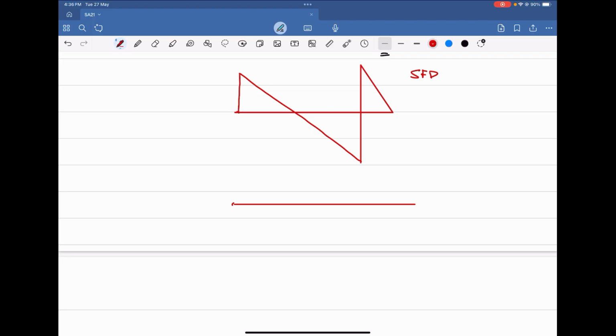You take it as a homework and do it. You put the values. This is the shape of the BMD. This is the shape of the SFD, this is the shape of the BMD.